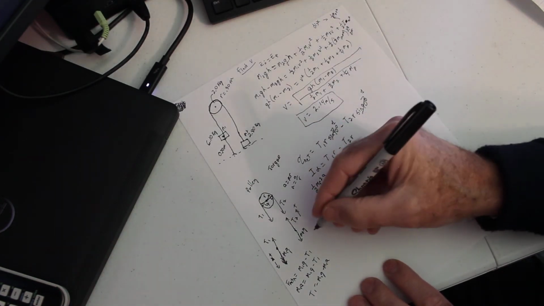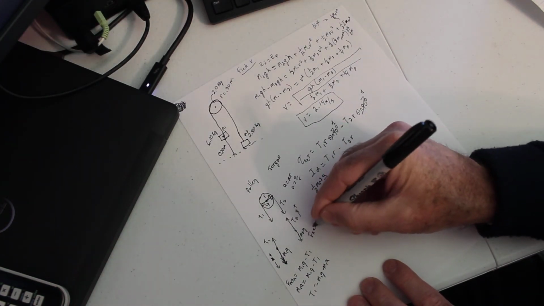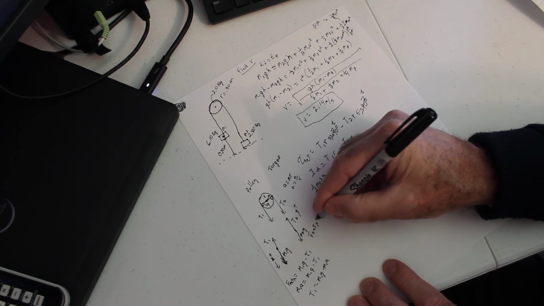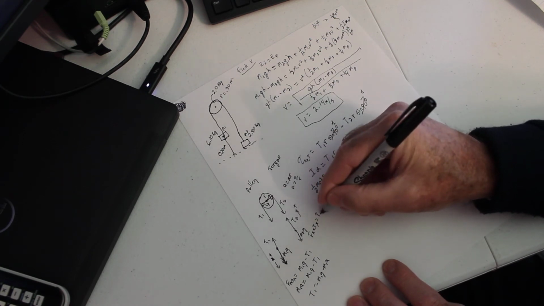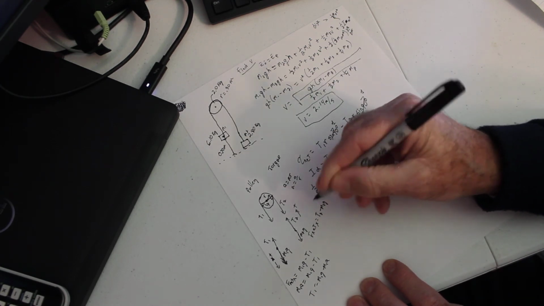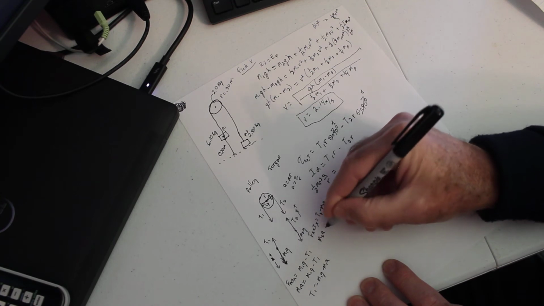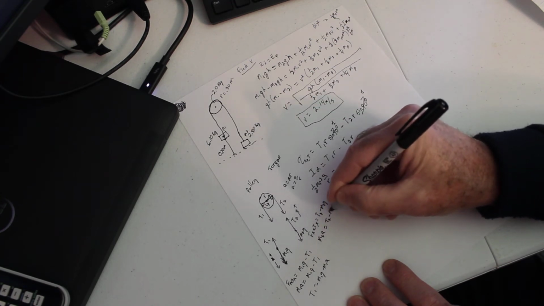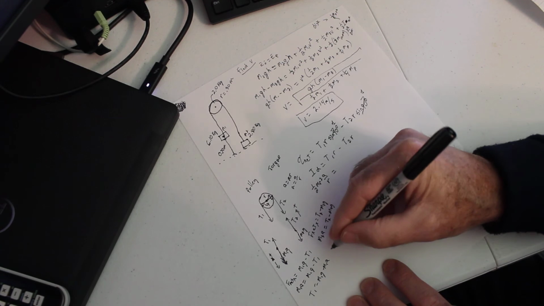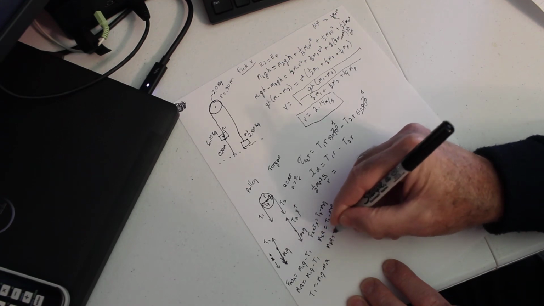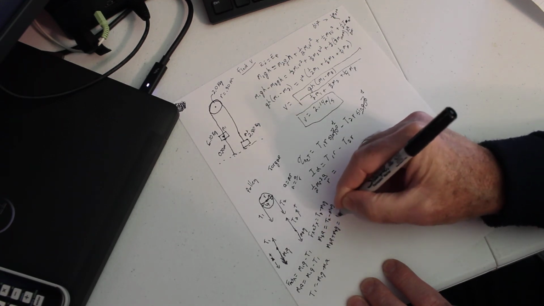I have to do the same thing for T2, F net, but now positive is going up, so it's T2 minus M2G. And this becomes M2A is equal to T2 minus M2G. And I'm going to move that over here, and this becomes M2A plus M2G is equal to T2.